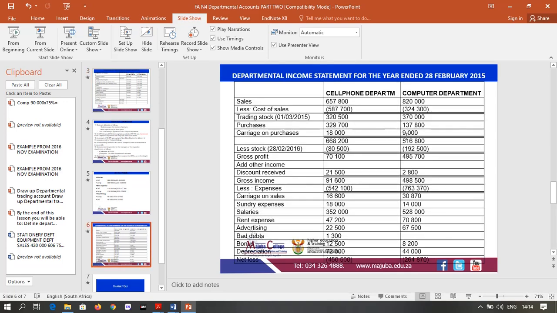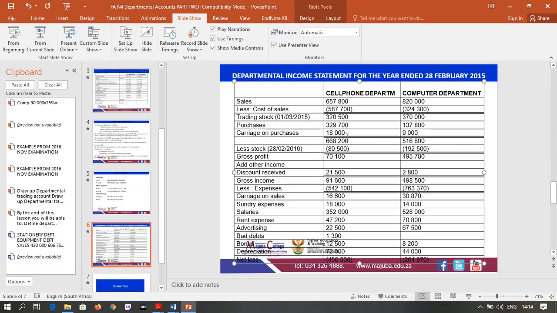Once we are done with this first part, you add the opening stock, the purchases amount, and the carriage on purchases. We don't have the import duties here and other stuff, so there's no need for you to add them.